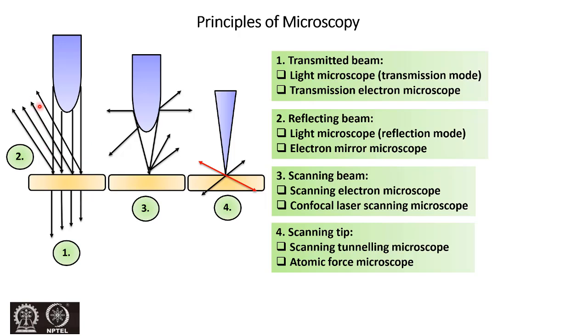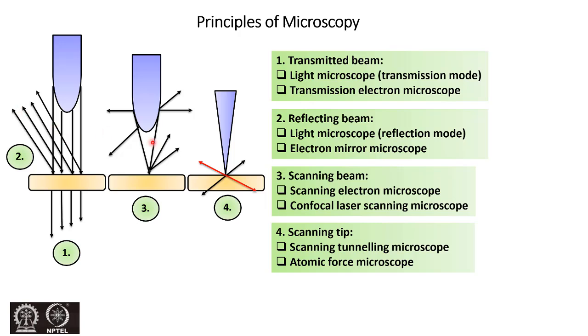When we put the electrons on the surface, they get reflected back. Sometimes in the light microscope we use the reflection mode also. So this radiation will be observed, and in the electron microscope this mode is used.